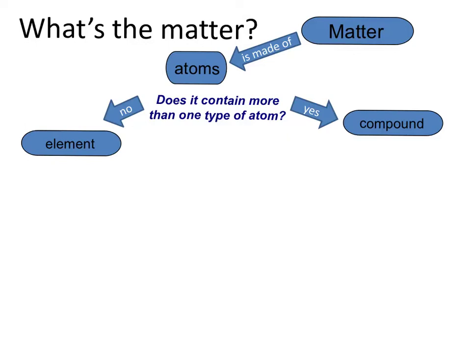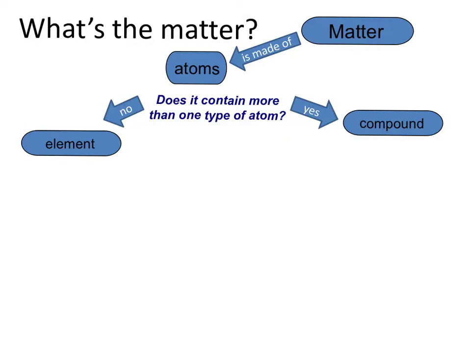We need to have a more complex understanding of matter, because matter is made of many atoms more often than not, and sometimes those atoms aren't the same as each other, and sometimes still those atoms are interacting with each other in particular ways that give matter its properties. So next time you walk up to some matter and you wonder, what's the matter and why does it act like that, hopefully this talk will help you be able to answer that question in more detail.